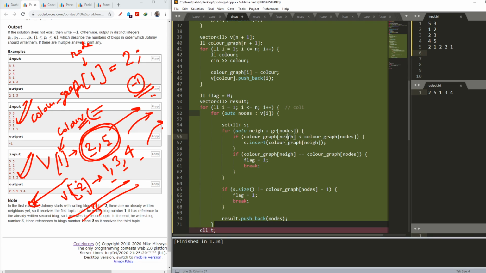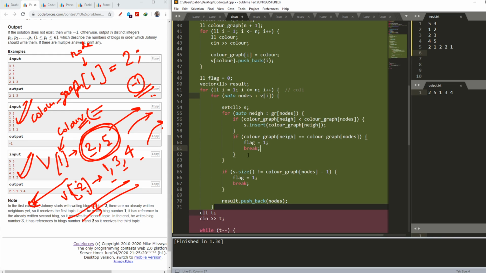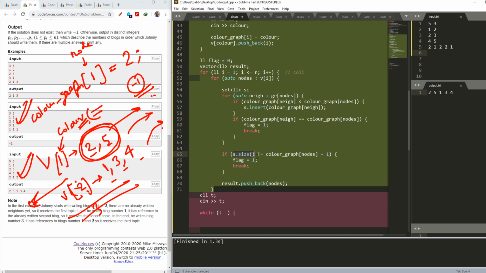If the reference of the neighbor is less, then I will insert it in my set. And as I showed you, if the reference of the neighbor is equal to the reference of the node, then I will mark my flag as 1. And if my size is not equal to the color graph of the node, which is the reference of the particular node I want to check, minus 1, then I will mark my flag as 1 and break.